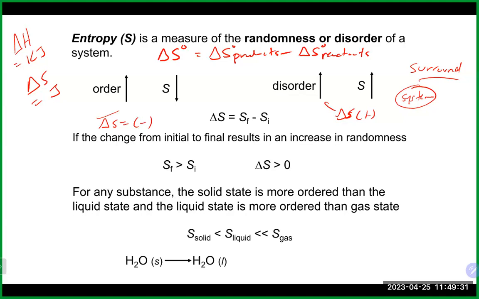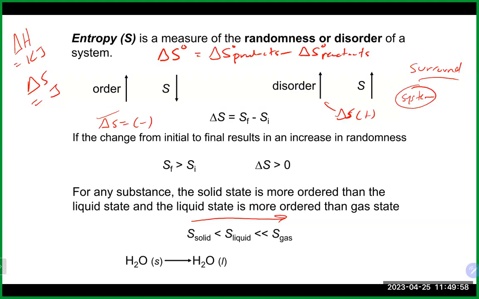And as you go from liquid to gas, things are completely broken apart from one another, which means they're flying around crazily, so there's a lot of disorder as you go from liquid to gas. So the entropy value would increase as we go this way. It would become more positive as we head to the right there. Again, if you go to the left, the delta S would become more negative.